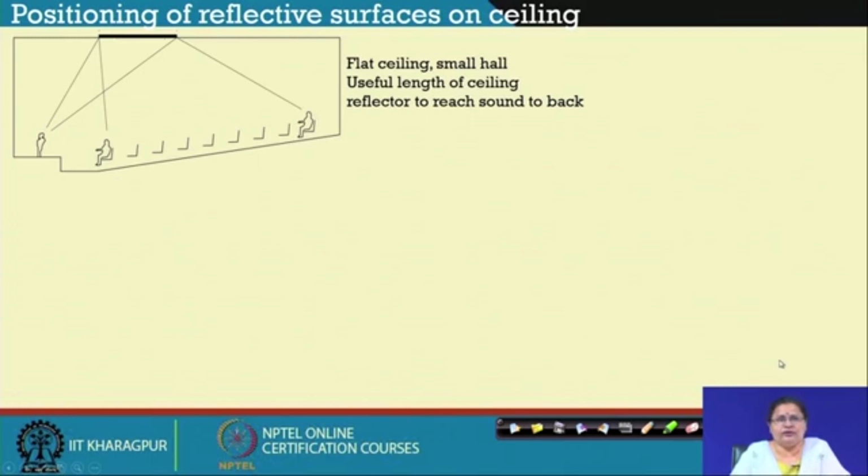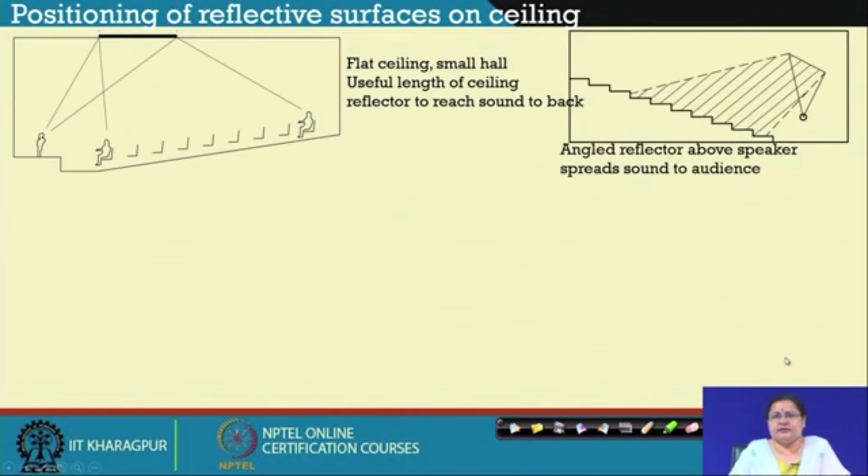Now, we move to the position of the reflective surfaces on ceiling. If it is a flat surface, the first 1/3 part of the ceiling always helps in reflection, helps in strengthening or reinforcing sound, and these are useful reflections.